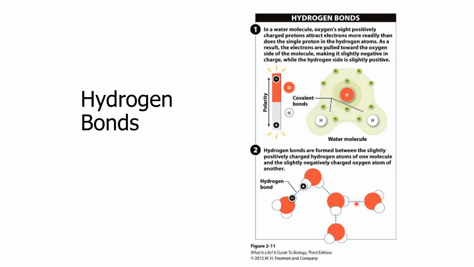And so you are going to have hydrogen bonds holding all of these water molecules together. So if you have a glass of water which contains tons of water molecules, the water molecules in that cup are actually bound to each other via hydrogen bonds.